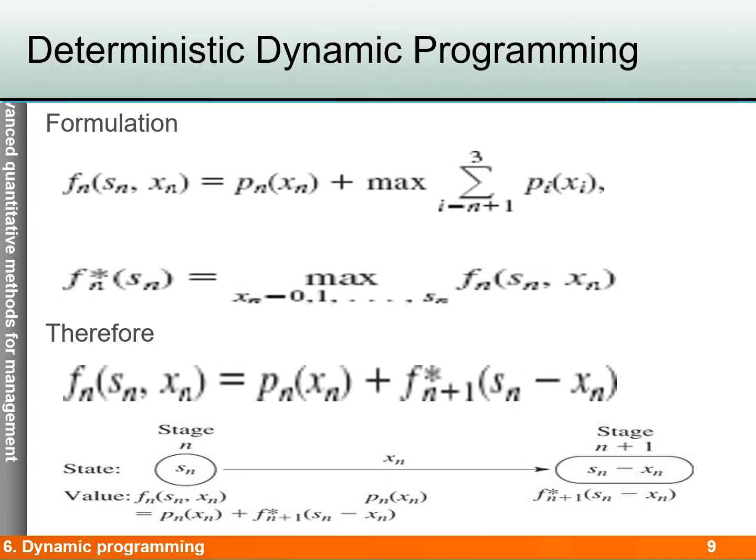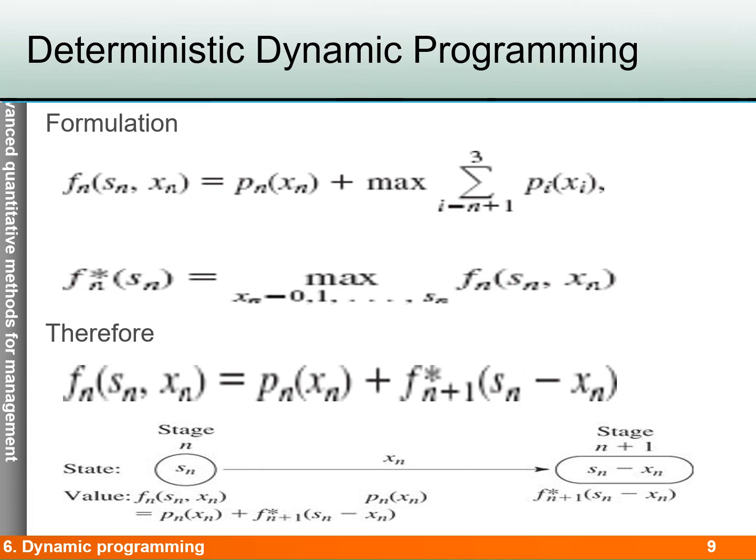So for sure, all those fn of sn and xn are available, but one or some of them are maximum. So f star n is the maximum of this function fn of sn and xn.